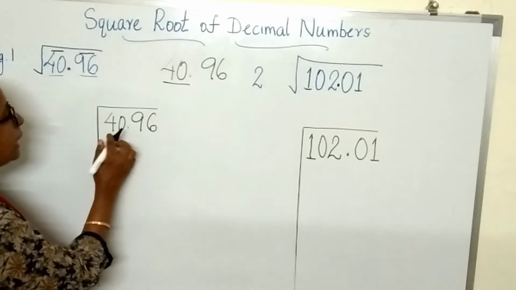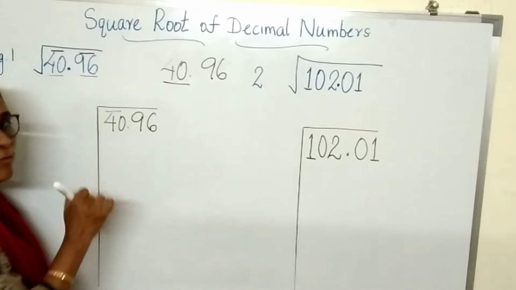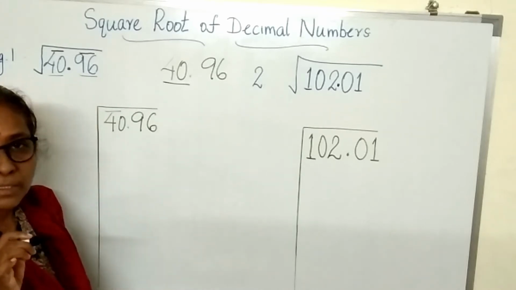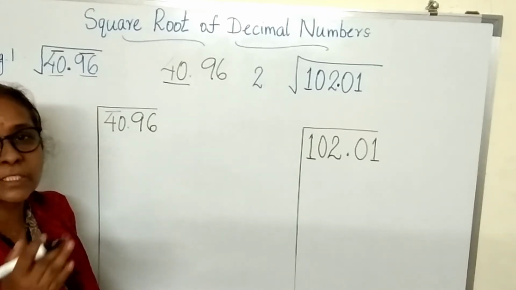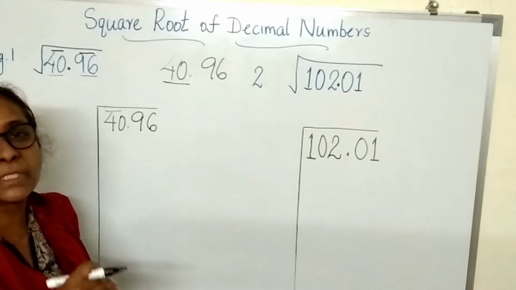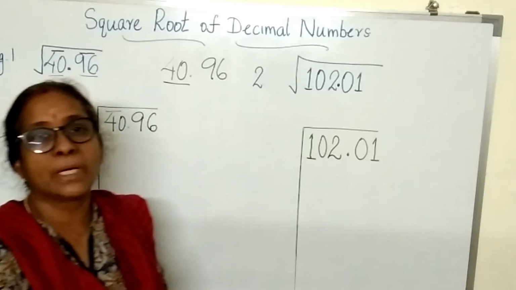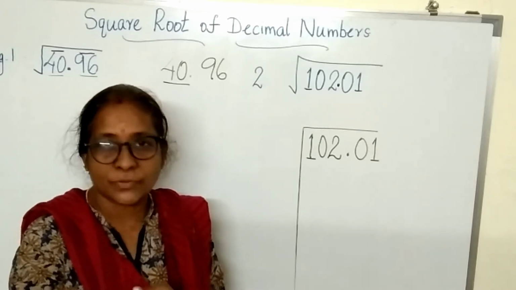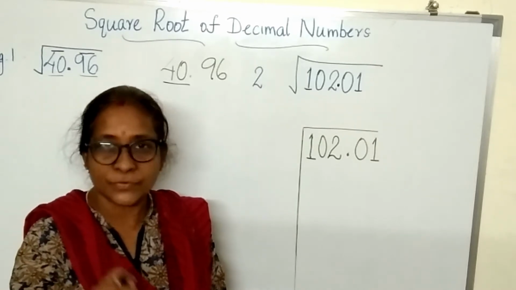Now you see, the first pair is 40. What is the square number just below 40? Which number is that? 6 6s are 36.